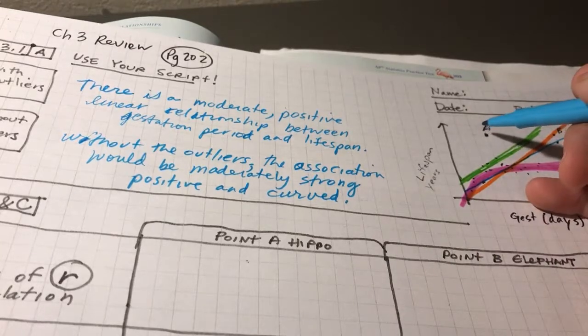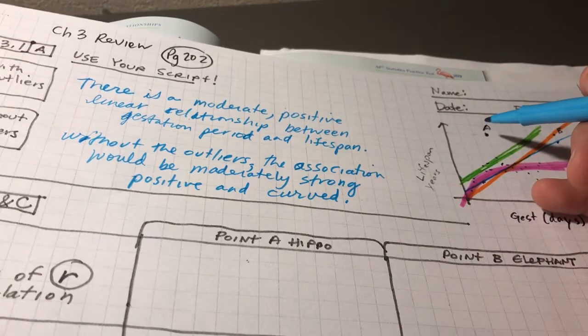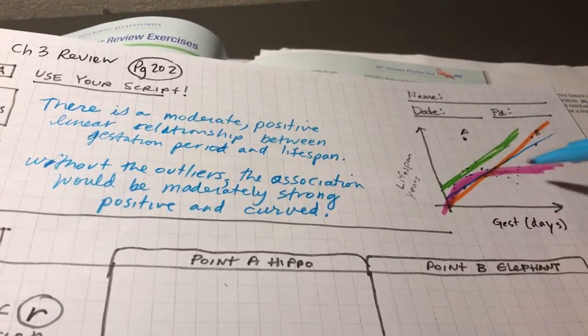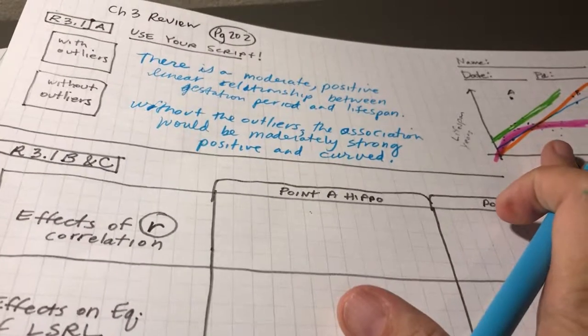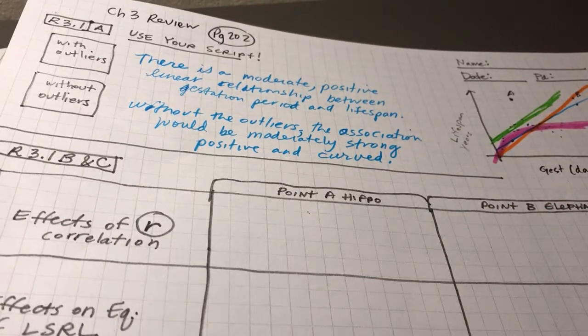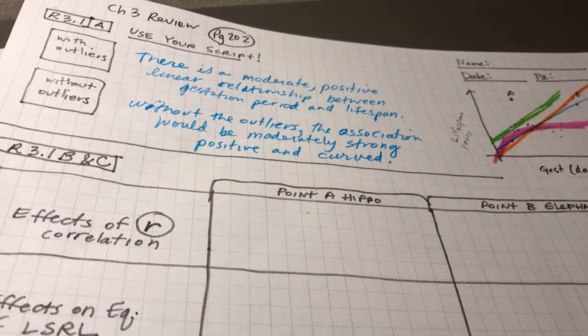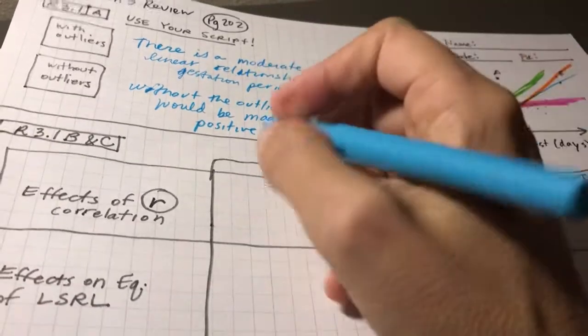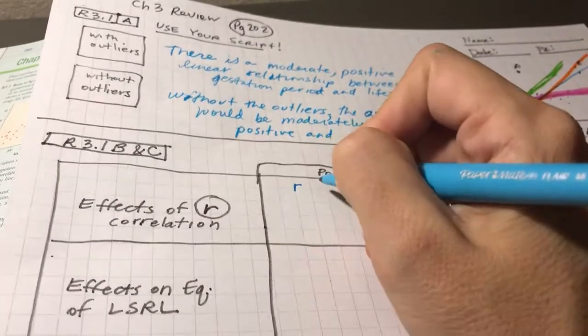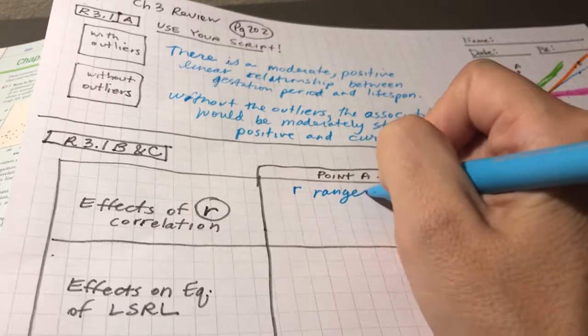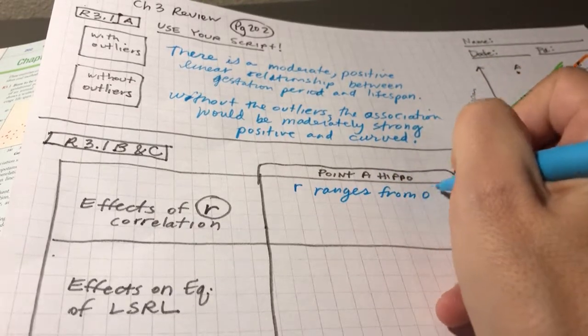When I look at point A, if R tells me how close the dots are together, so when the dots are really close to the line and all the dots are close to the line, R approaches 1. Then I can say to myself, oh, wow, okay, A definitely does affect that. So I'm going to say R ranges from 0 to 1.